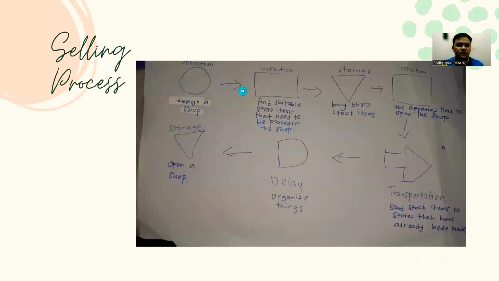So the first process is the operation, which is to design our shop, and then next is inspection, which is to find suitable store items that need to be placed in the shop. Next, storage, which is the items that you buy will be stocked in the storage. And then go to the inspection, which is to wait for the appointment time to open the shop.